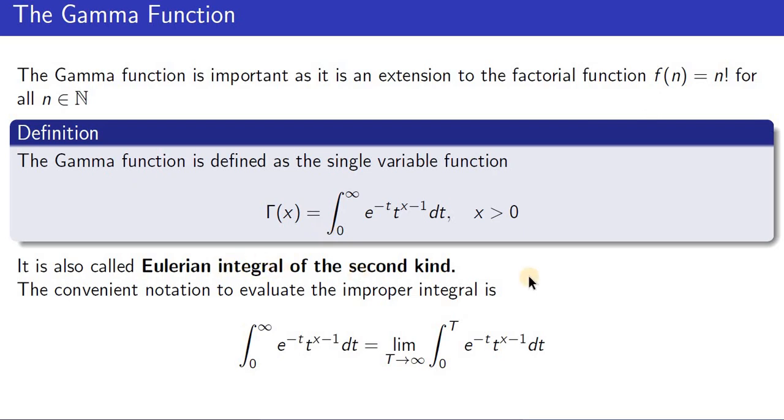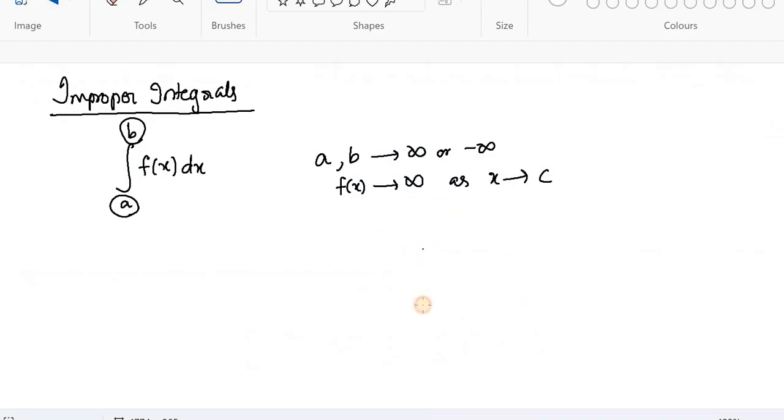Now, what do we mean by the integral from 0 to infinity of a function f of t dt? It is just the limit of the integral from 0 to some t of f of t dt, as t becomes very large, that is, t goes to infinity.